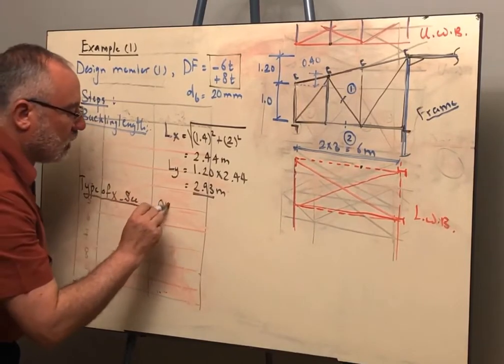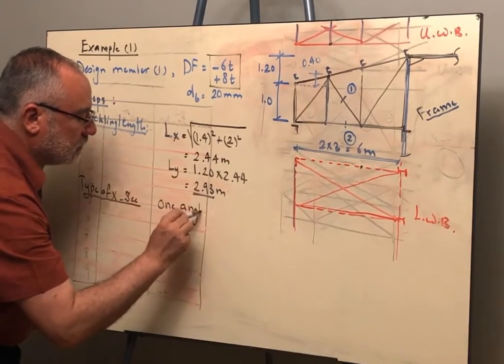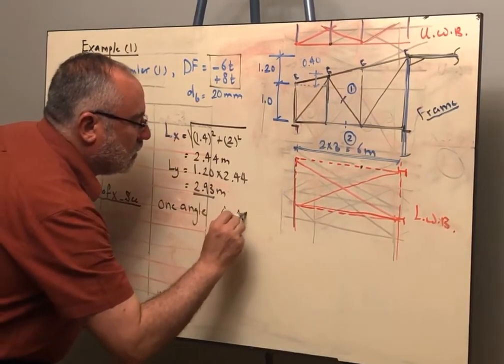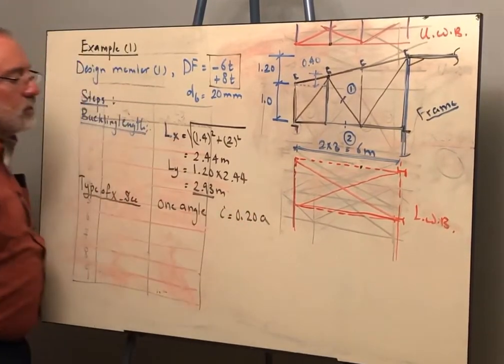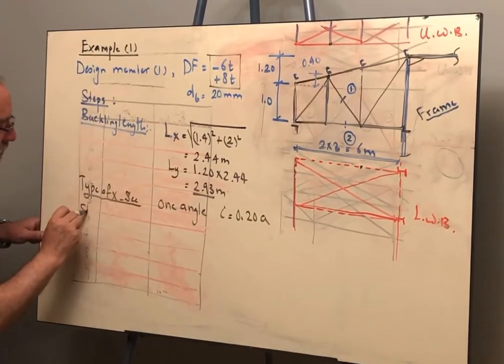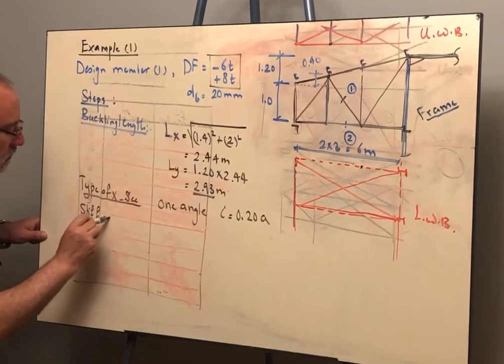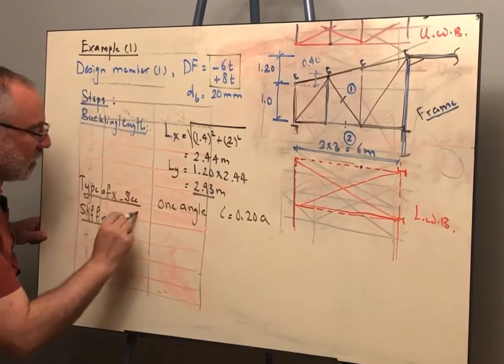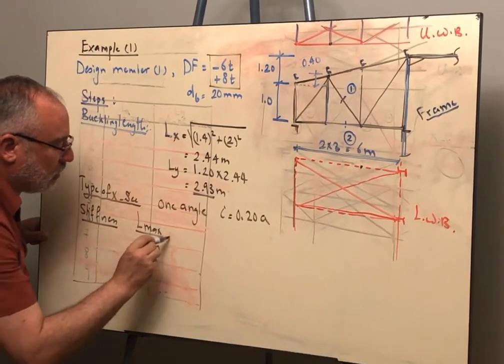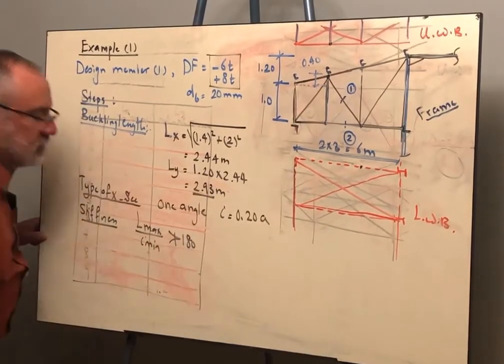Therefore, I will use one angle. The minimum radius of gyration for the angle is 0.2a. For the stiffness condition, we are having L maximum over i minimum should not exceed 180.